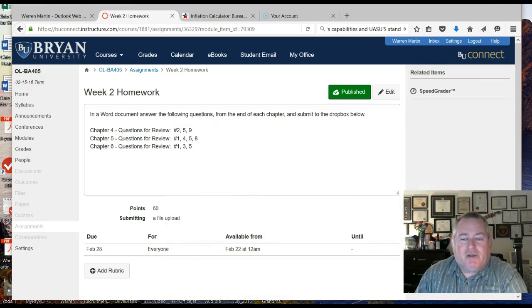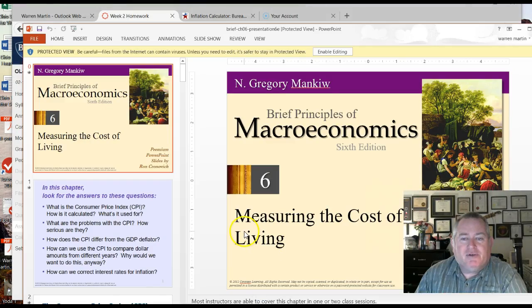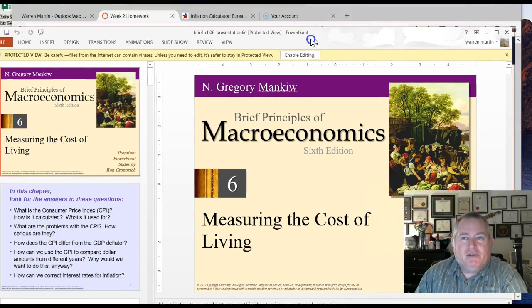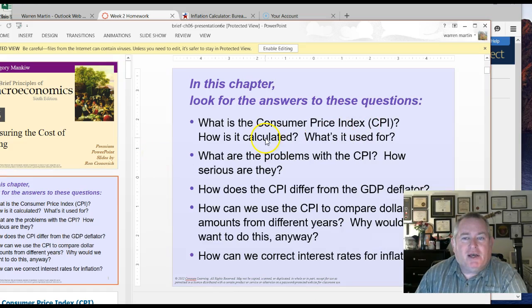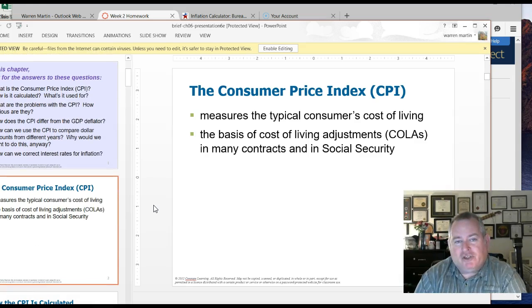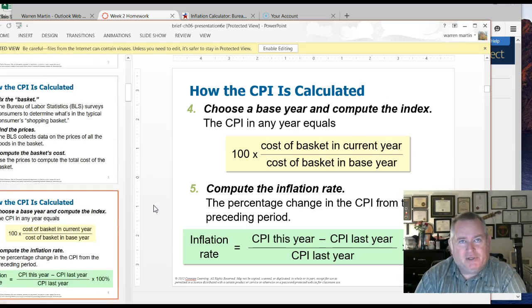The other chapter, chapter 6, is measuring the cost of living. When you talk about CPI, cost of living, and the consumer price index, this gets into the technical things of how it's all calculated. You've got formulas. How do they figure these things out?